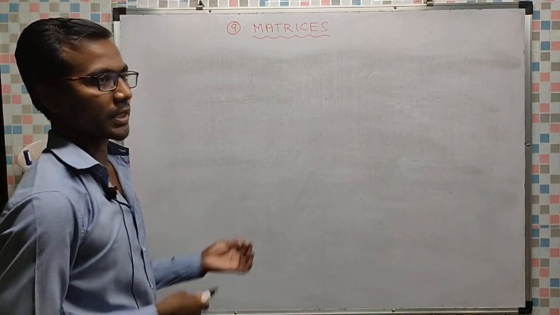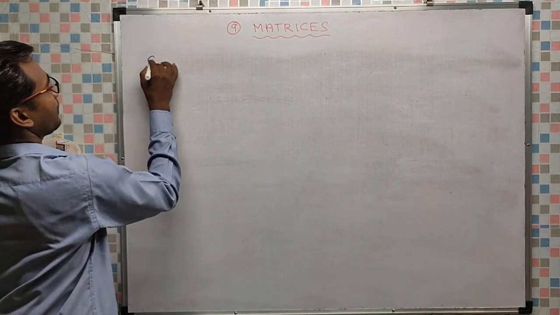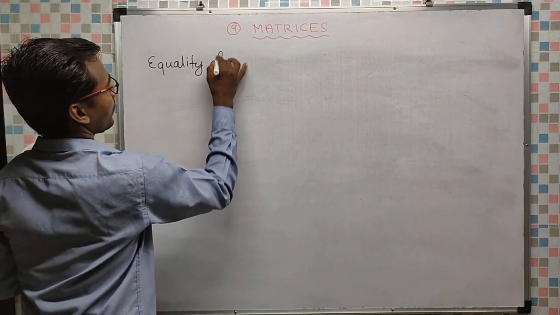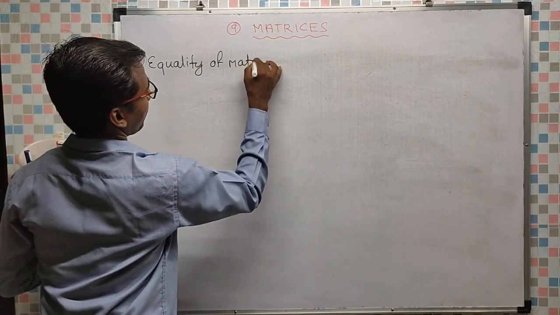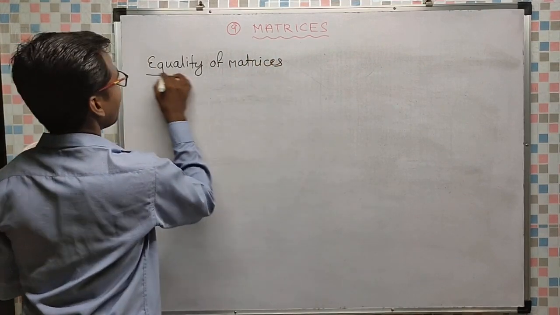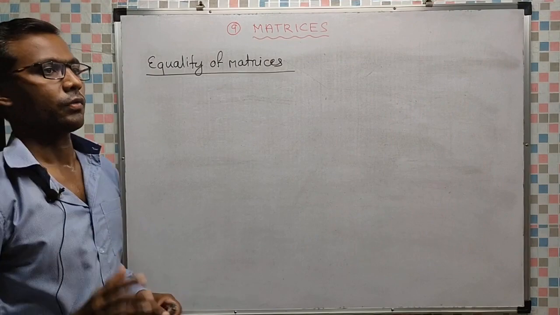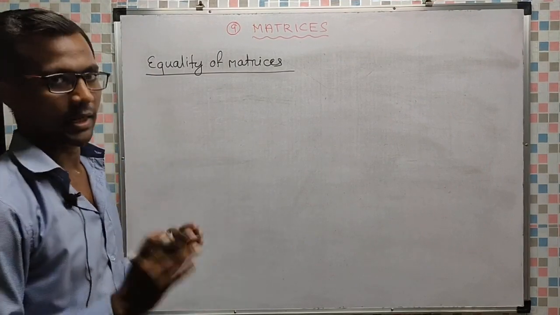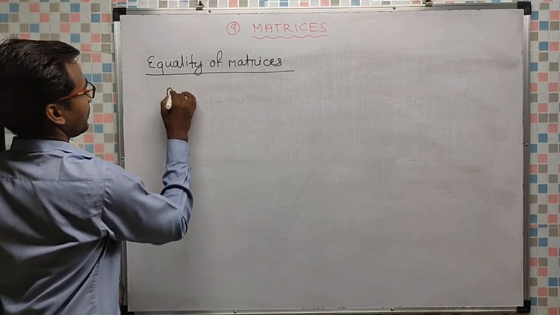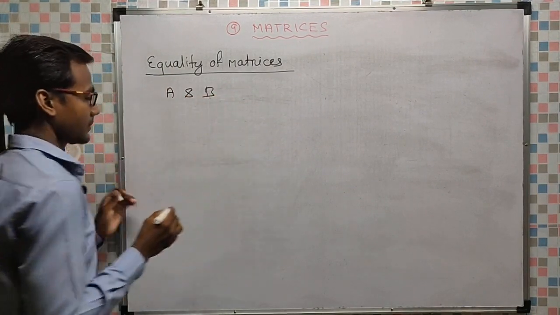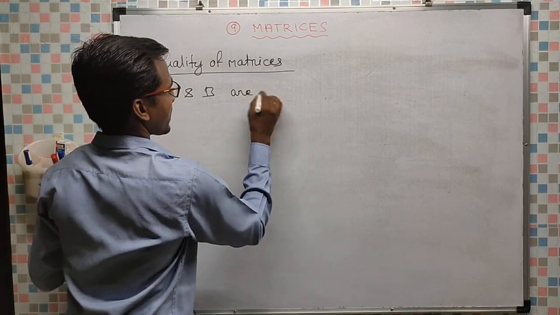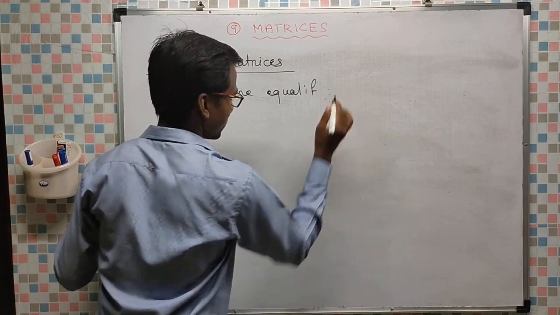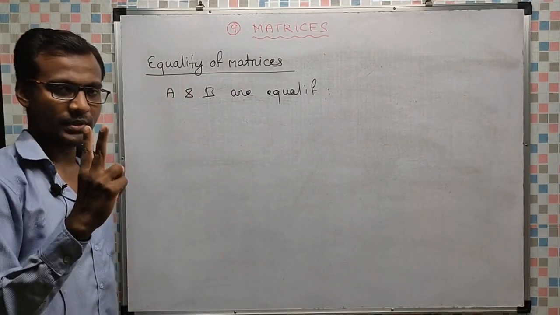Next is equality of matrices. Okay. When can we say that two matrices are equal? Suppose there are two matrices A and B. A and B are said to be equal if two conditions have to be satisfied.